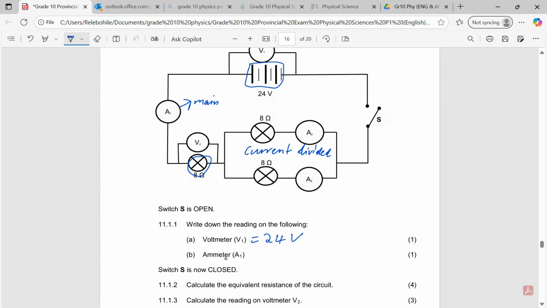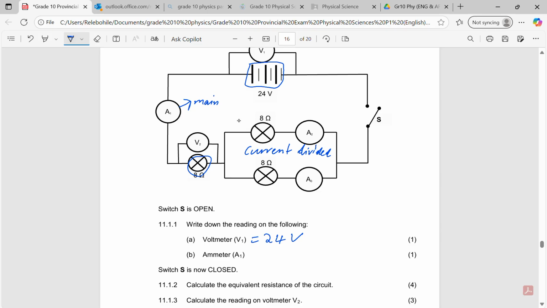What about ammeter A1, our main ammeter, where we have the total current of this whole circuit flowing? Well, the reading on A1 will actually be 0 because our switch is open.